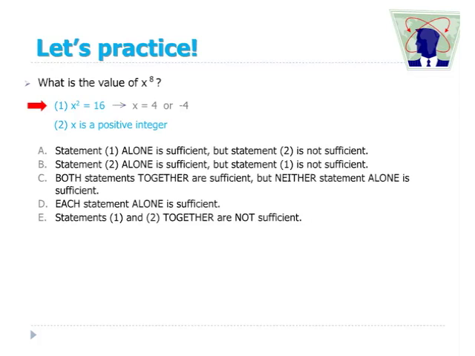However, in this case, statement 1 is sufficient since we don't need the value of x, but need the value of x to the power of 8, which is the same regardless of whether x is 4 or negative 4. Negative 4 to the power of 8 equals 4 to the power of 8, because a negative number raised to an even power becomes a positive number. In this case, statement 1 is sufficient, statement 2 alone is obviously insufficient, and the correct answer is A.